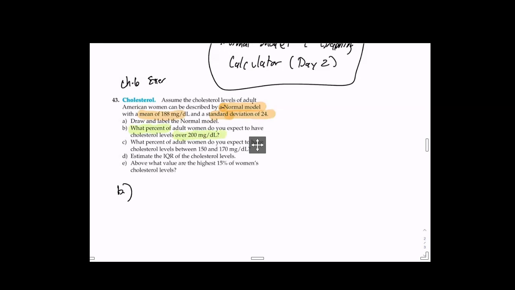So when they say this, what percent of over 200, I know I need to use normal CDF. So I know that this is a normal CDF problem based on everything that's been given to me, okay? They're asking for a percentage. Using the normal model.